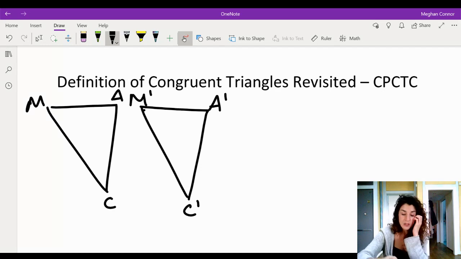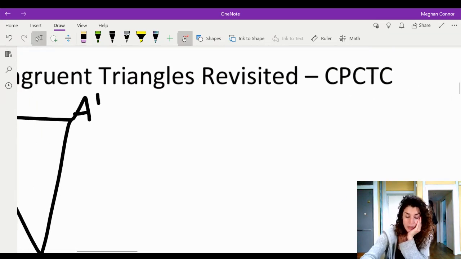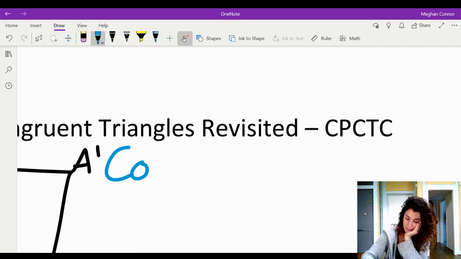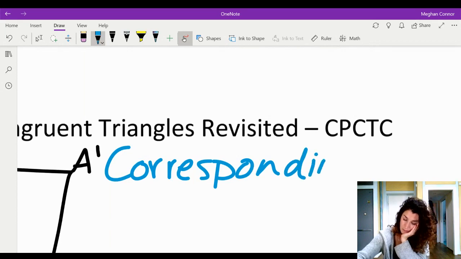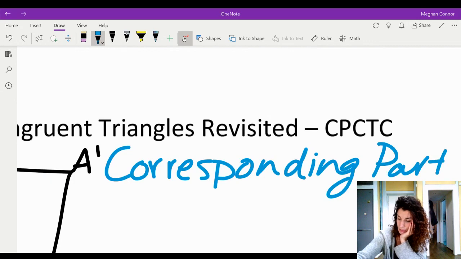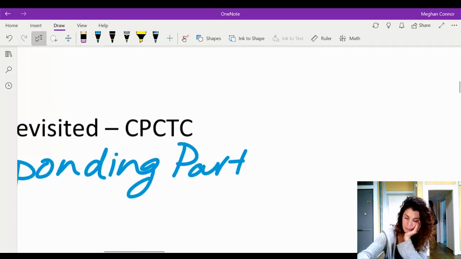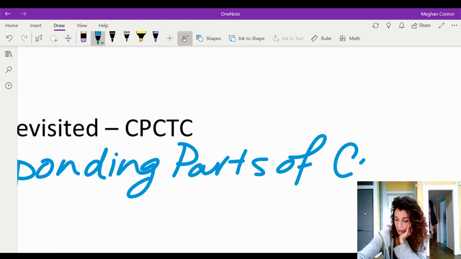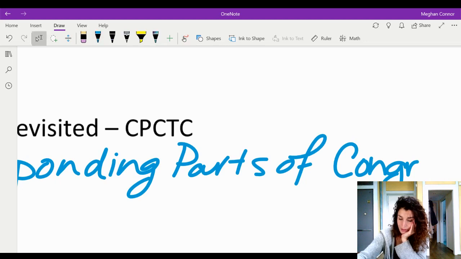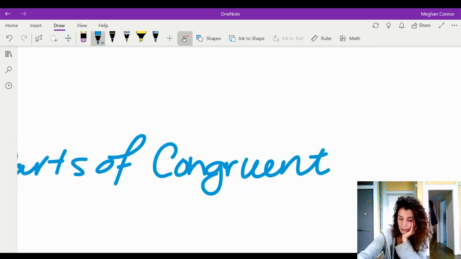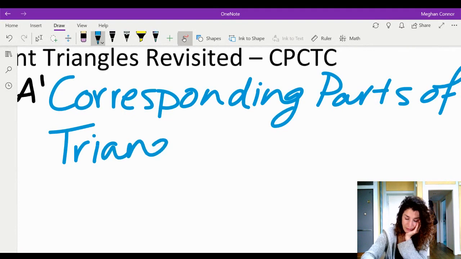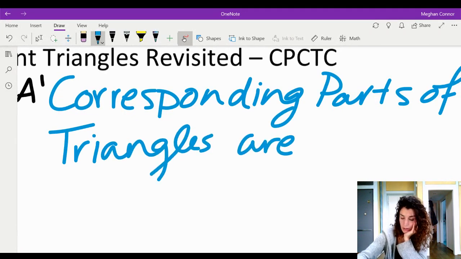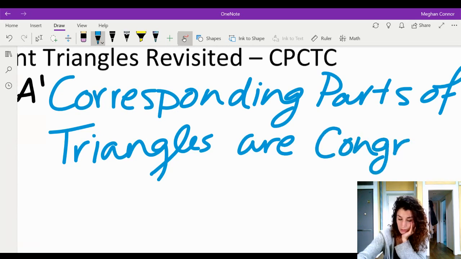And how we do that is we use something called CPCTC, or corresponding parts of congruent triangles are congruent.